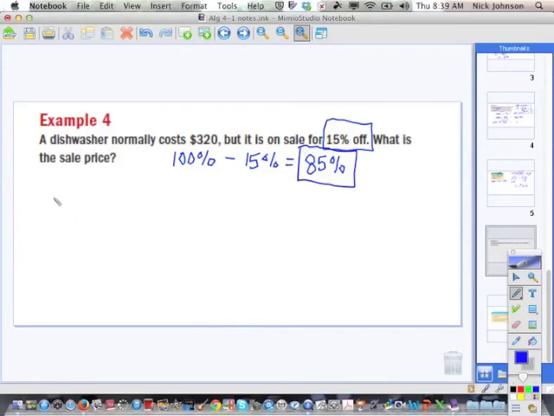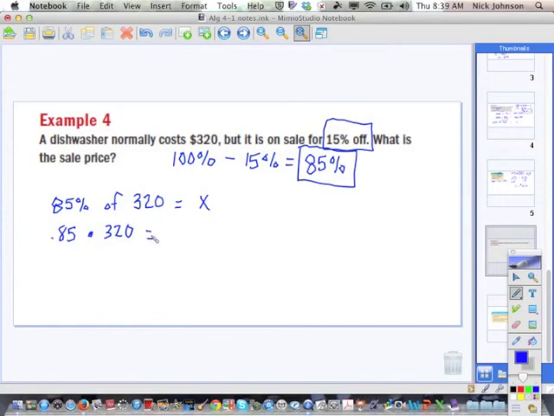So 85% of $320 equals our X, because that's our unknown. Okay? So 85% gets changed to 0.85. Of means multiply. 320.